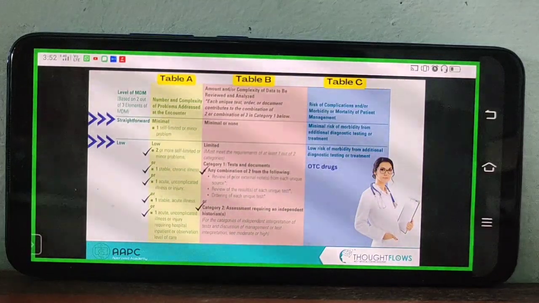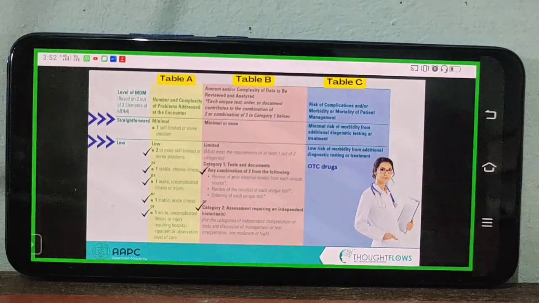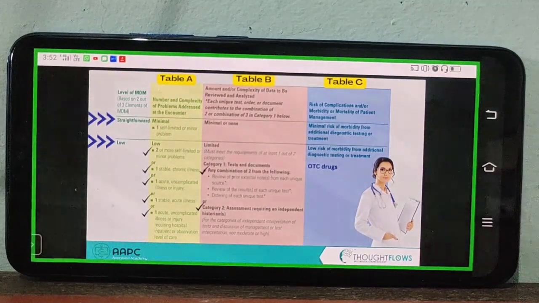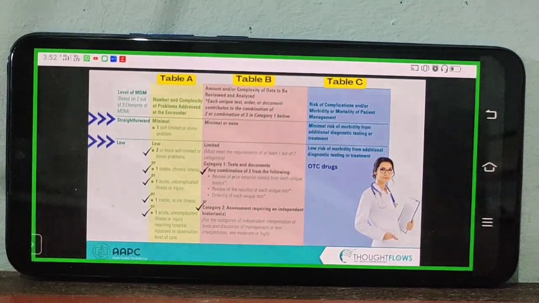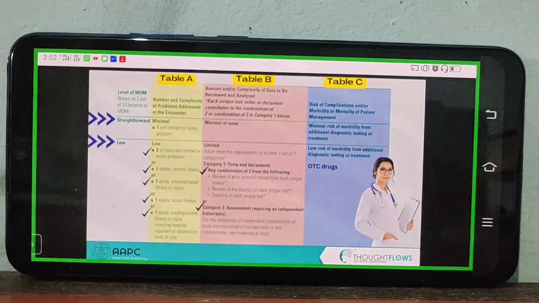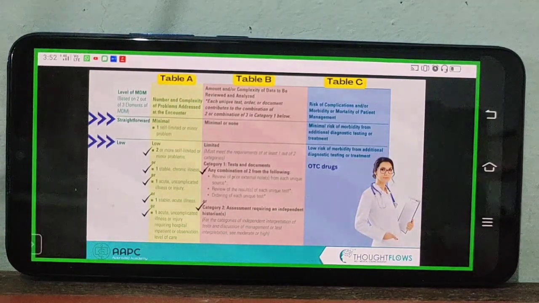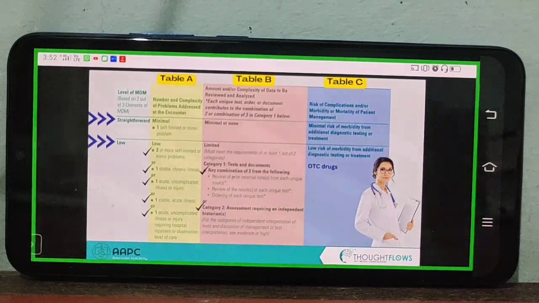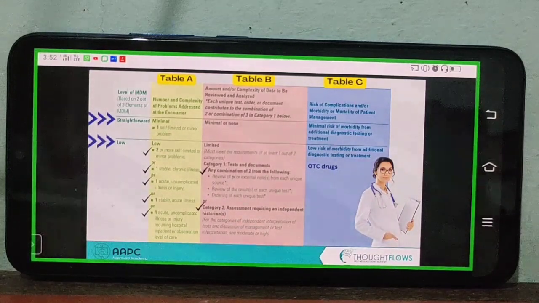Fever is minimum, but it may automatically go for low MDM, because with a fever you definitely have another condition. Am I right? So a self-limited or minor problem means only one.